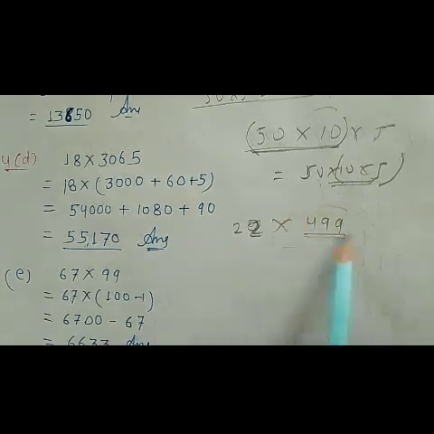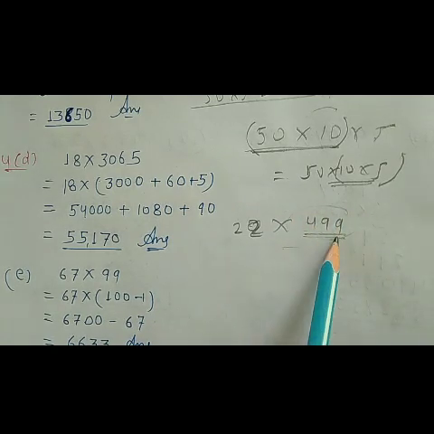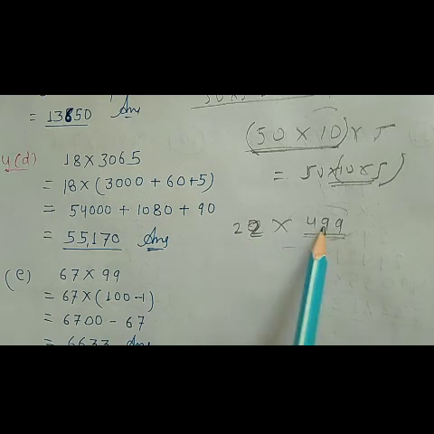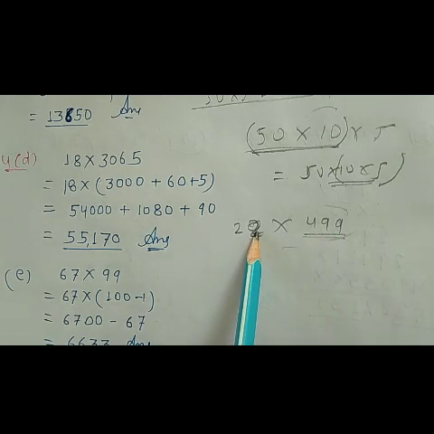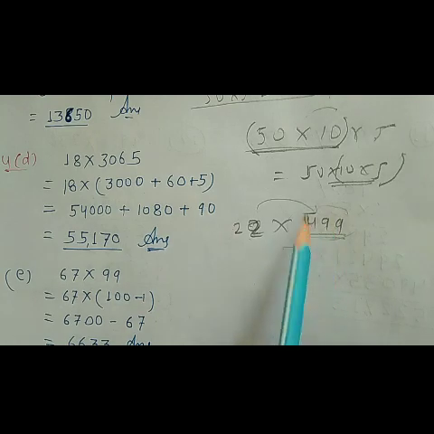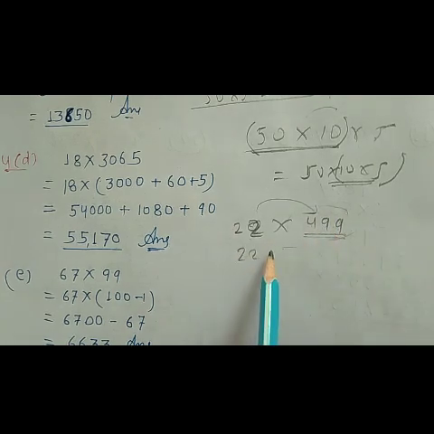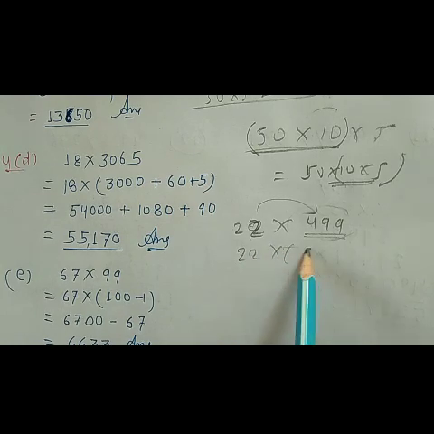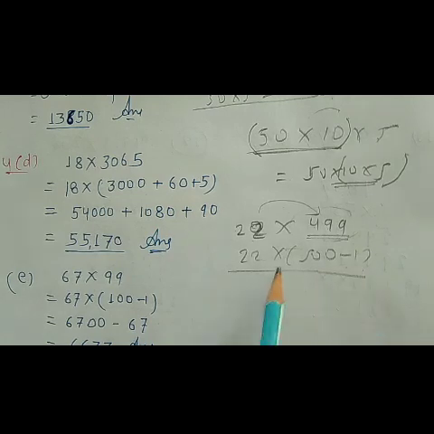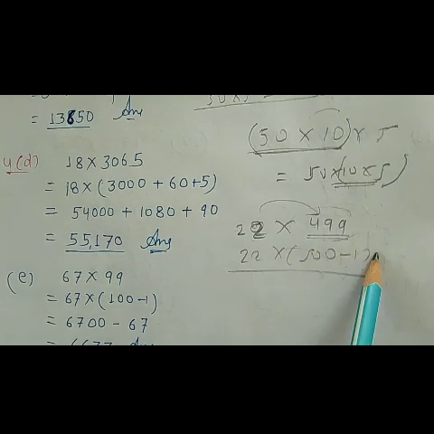If we distribute this number, our product, or the question, will be easy. In this step we have to multiply 499 by 22. So to simplify this question, write 499 as 22 into 500 minus 1. 500 minus 1 means this number is now simple.